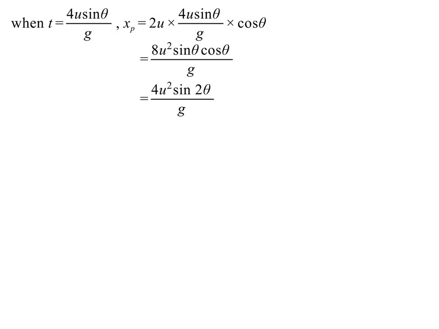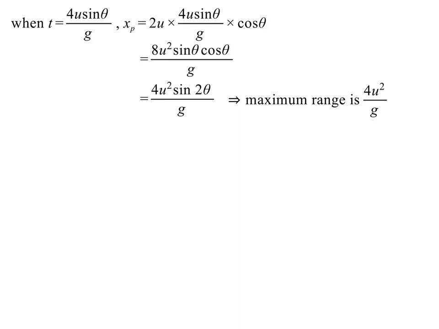Now I can easily explain why maximum range occurs at 45 degrees, because that would become sine of 90, and the sine of 90 is 1, the maximum of the trig curve. So I know its maximum range will be 4u squared on g. That's important because you remember the question said some percentage of the maximum range, so we need to know what the maximum range is.